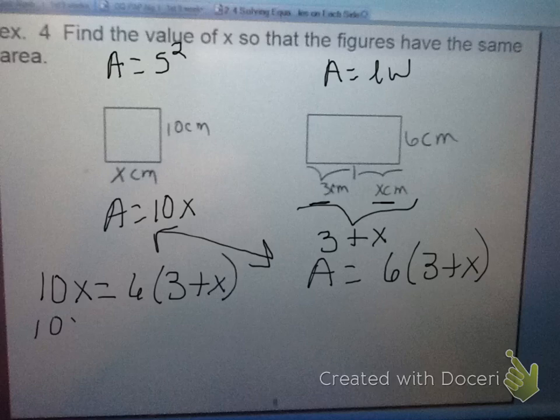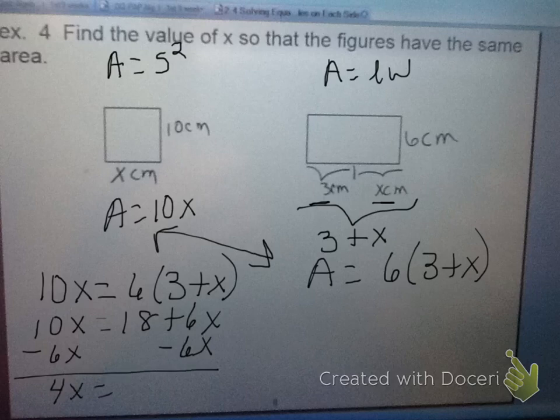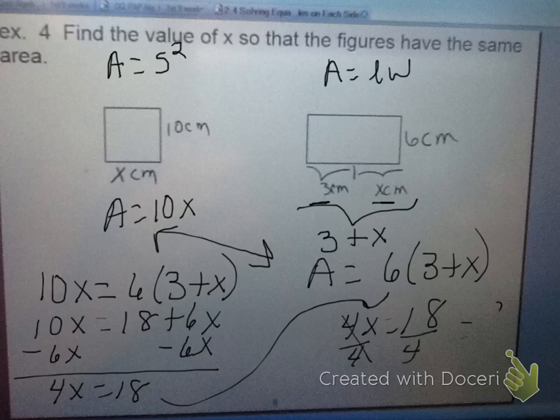Do the distributive property. I'm going to subtract the 6x from both sides. 4x is equal to 18. Running out of room, so I'm going to rewrite it right here. Divide by 4, which reduces down to 9/2.